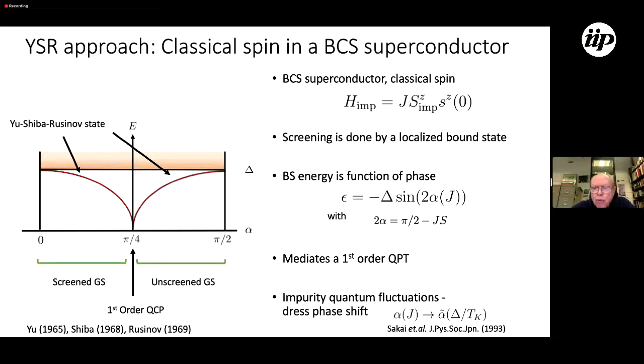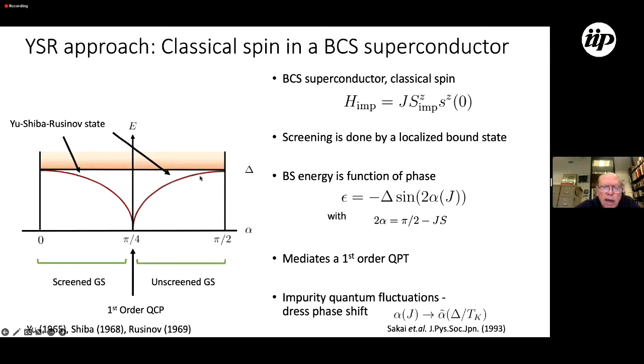And what they found is that we'll have bound states at the site of the impurity, which is going to screen it. So you have a bound state energy, which is a function of the phase, where delta is the gap, delta times sine of 2 alpha of J, where 2 alpha is pi over 2 minus JS.